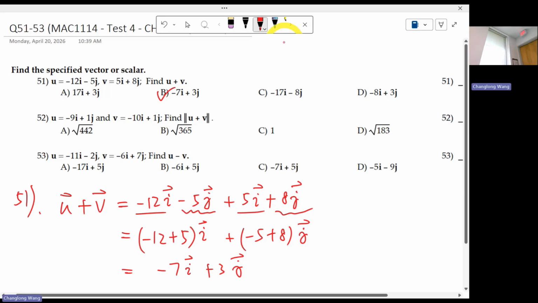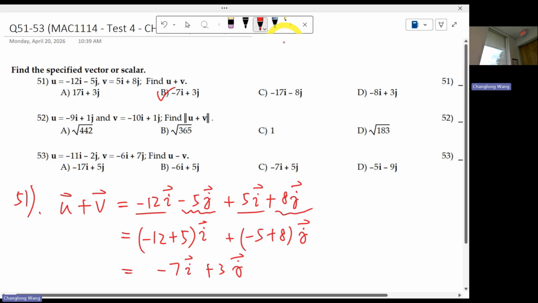But you don't really have to write them out. Do you see what has happened? The two vectors add up in their components. Their runs add up: negative 12 and 5 add up to be negative 7. Their rises add up: negative 5 and 8.